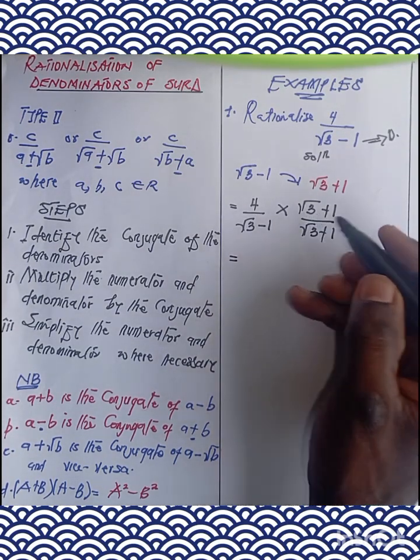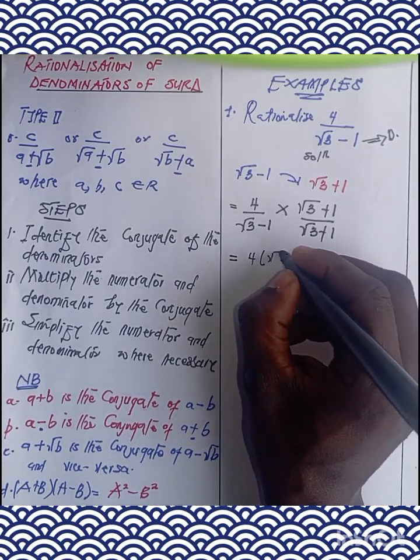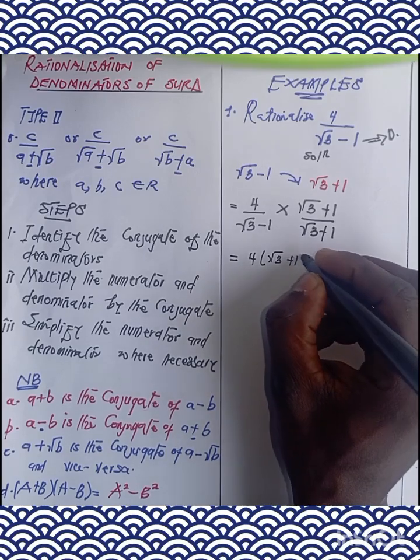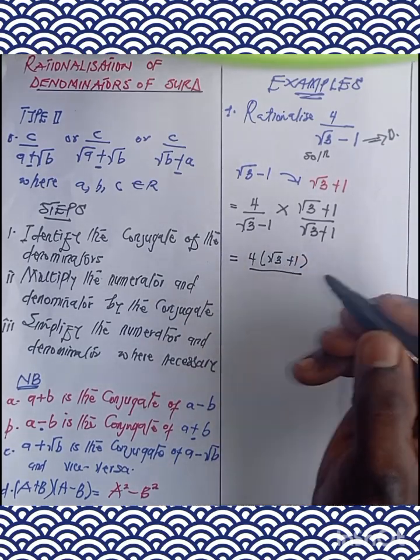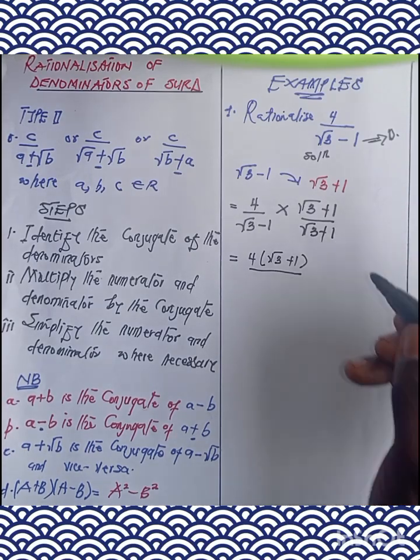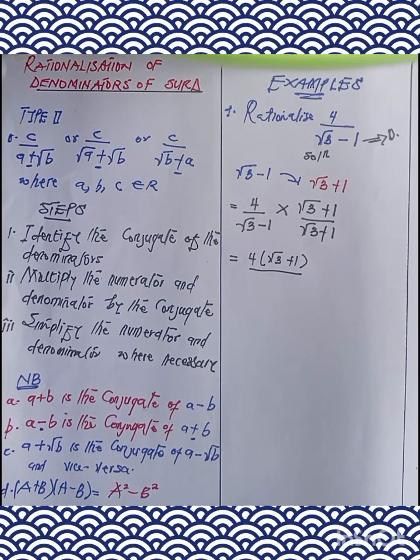So we have 4 times root of 3 plus 1, that is 4 root of 3 plus 1, all over root of 3 minus 1 times root of 3 plus 1. As I said, this is the difference of two squares. So you just take the part with the negative sign and then you square the individual terms and you are good to go. That is the simplest way you can go. If you can't get it, you can just expand normally.